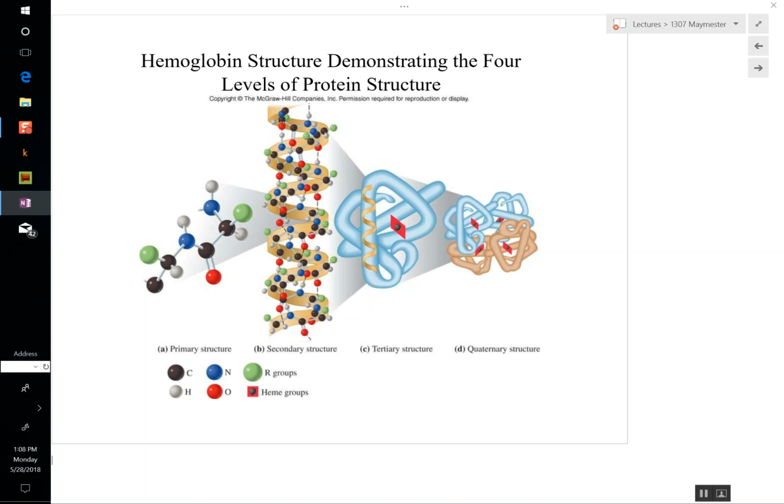And so it has a 4th level of quaternary structure that refers to how those 4 units are tucked into one another. How are they arranged with one another? That's quaternary structure. All right, we'll see a little bit later. Not all proteins are complex proteins. Many proteins, like insulin, are a single molecule, and do not have a quaternary level to their structure.